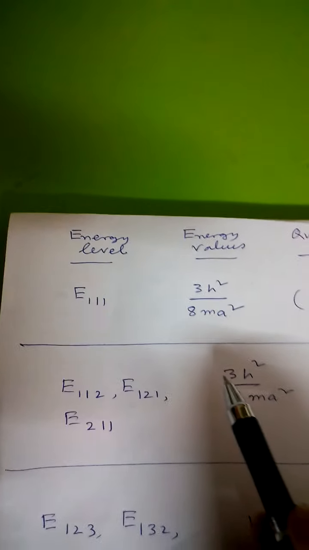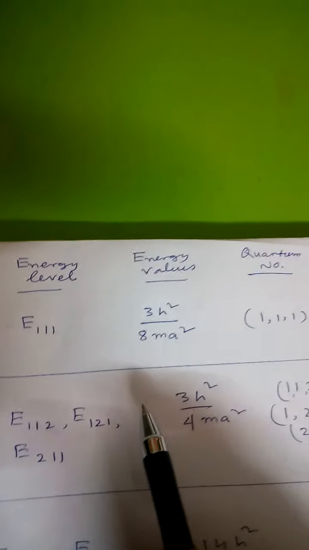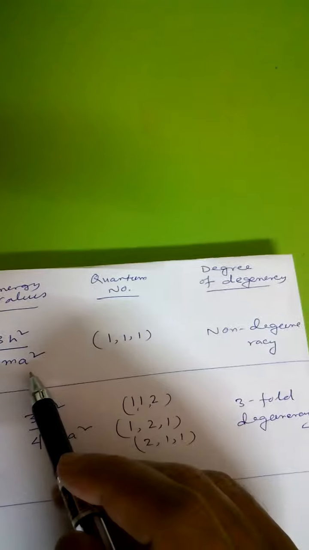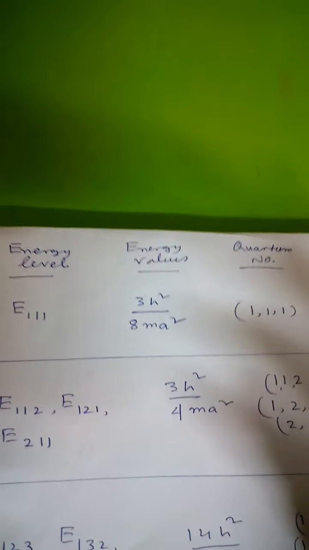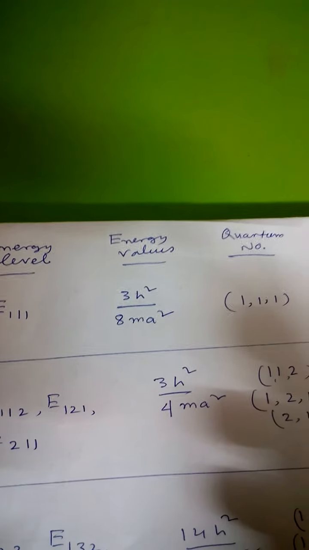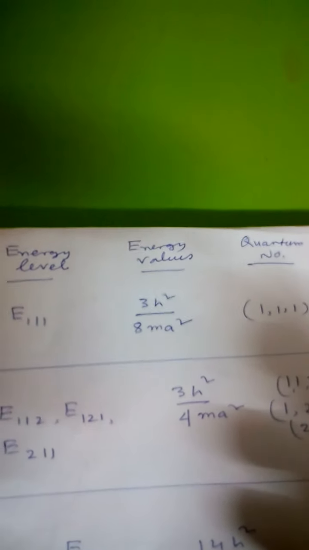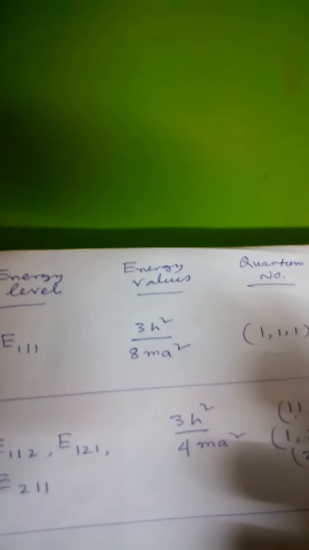So next we consider non-degeneracy. Suppose we consider 1, 1, 1, nx equals 1, ny equals 1, nz equals 1. So the energy eigenvalue is always 3h square by 8m a square, and for the corresponding wave function we have a unique wave function, that is psi nx ny nz, that is 2 root 2 by a root a, sine of pi x by a, sine of pi y by a, into sine of pi z by a, for a cubic system.